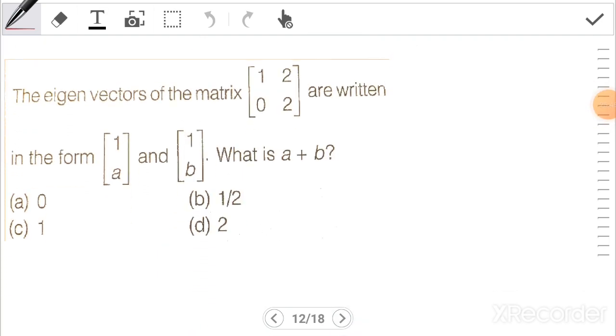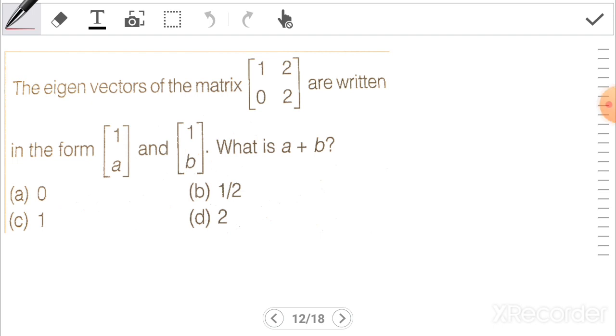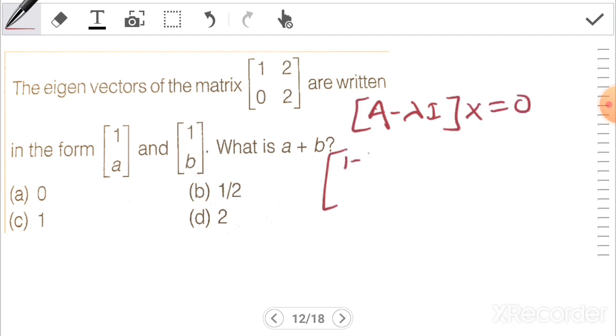The eigenvectors of the matrix are written in the form, what is A plus B? Let us find eigenvalues from the eigenvalue problem. A minus lambda I, write the characteristic equation. 1 minus lambda, 2, 0, 2 minus lambda, x.